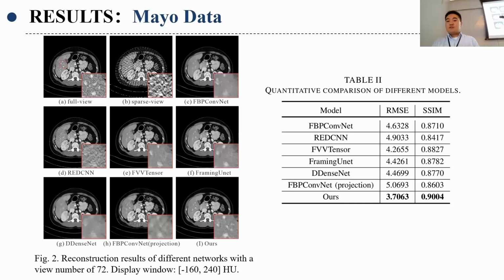The relevant quantitative analysis is shown in the table. The RMSE of this network is lower than other networks, and the corresponding SSIM is nearly 2 percentage points higher than that of the other best networks. It can be noticed that the proposed CR-Recon can obtain better reconstruction quality in Sparse-view CT reconstruction task.